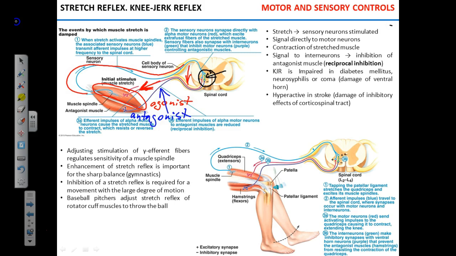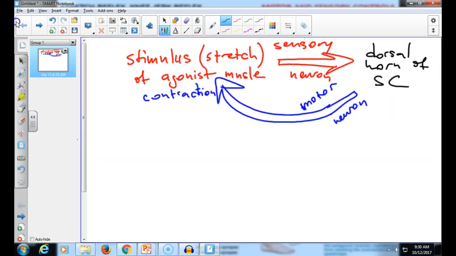Interneuron. What is the function of interneuron? It's a signal integration, right? So if we want to switch to our notepad, you would have interneuron, right?